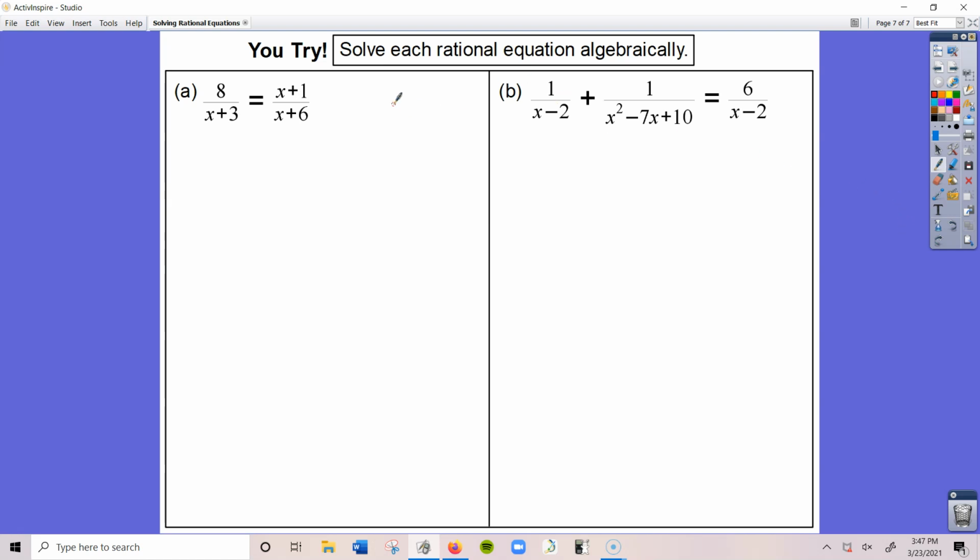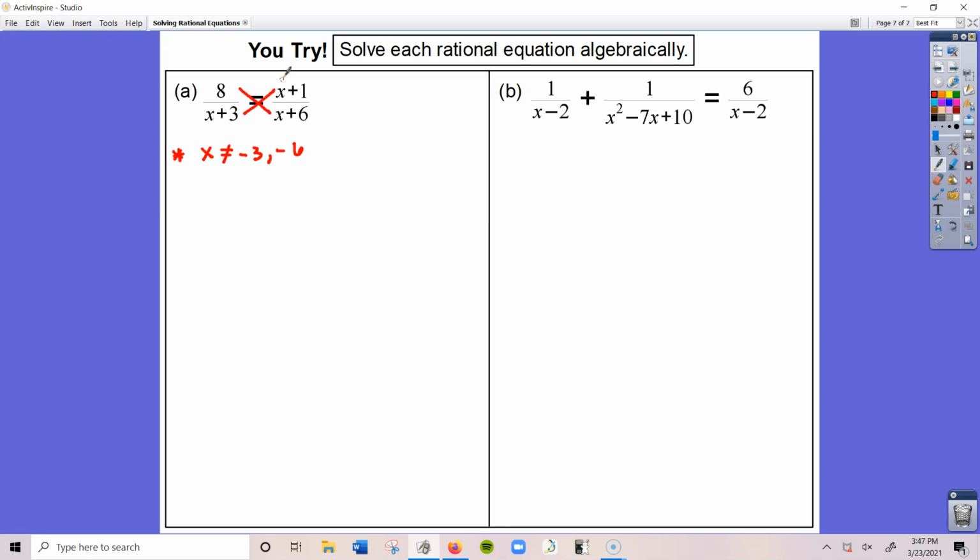We have here 8 over (x + 3) is equal to (x + 1) over (x + 6). So first we need our excluded values, and that's just by setting each denominator equal to 0. So x cannot equal negative 3 or negative 6.